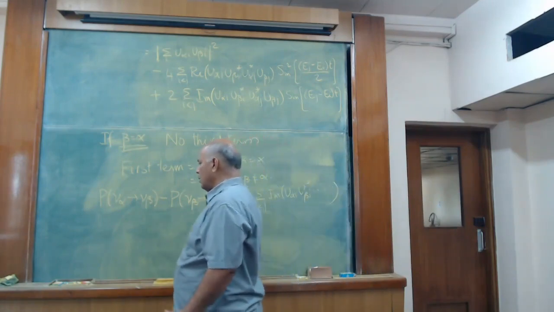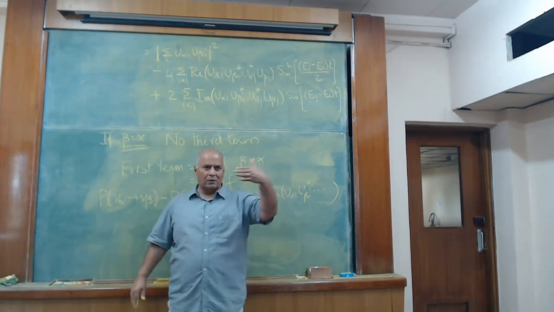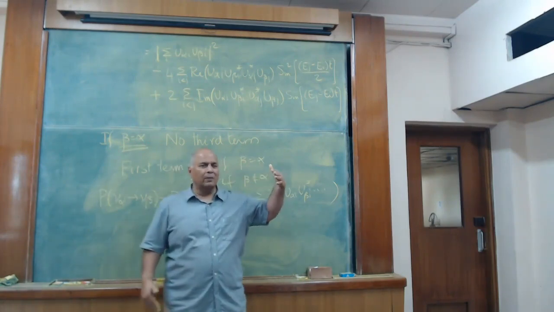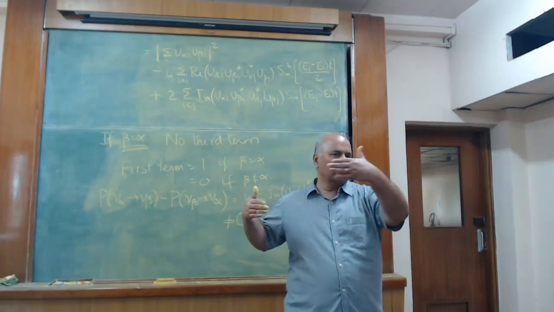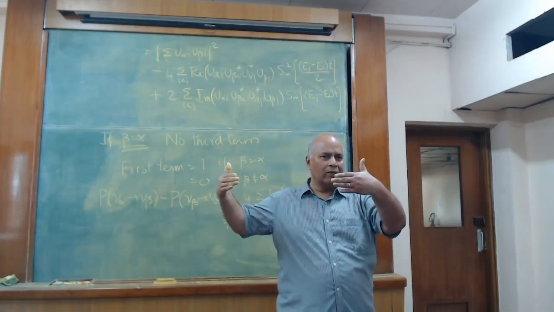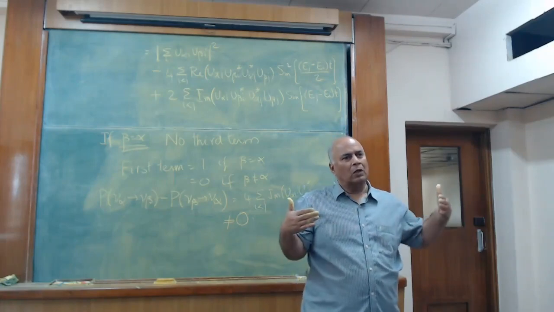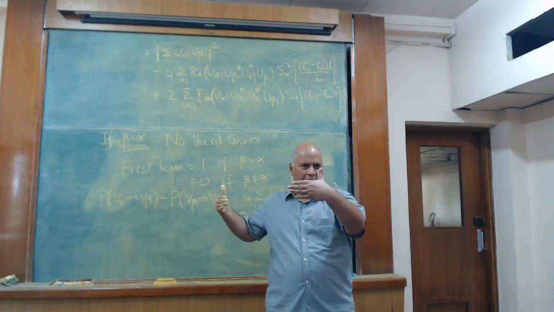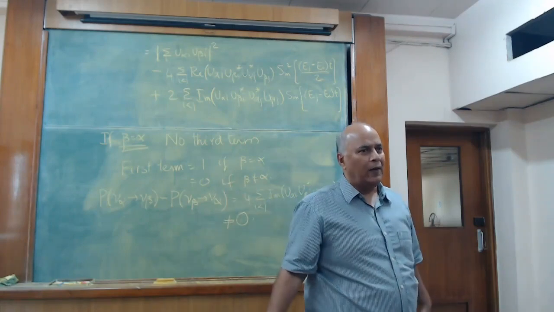That the probability of alpha going to beta, think of it as some kind of chemical reaction, reaction going this way, and beta going to alpha means reaction going the other way. So the rate of reaction going this way is not the same as the rate of reaction going the other way.